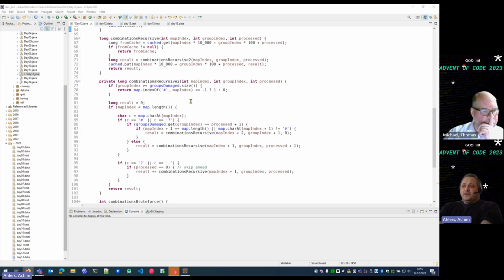My idea was going from left through right, finding space for the individual sequences of damaged hot springs and so on. But my implementation was somewhat non-working. I didn't find out why. And Frank gave me the hint that it would be easier to go character by character. And then I implemented that.